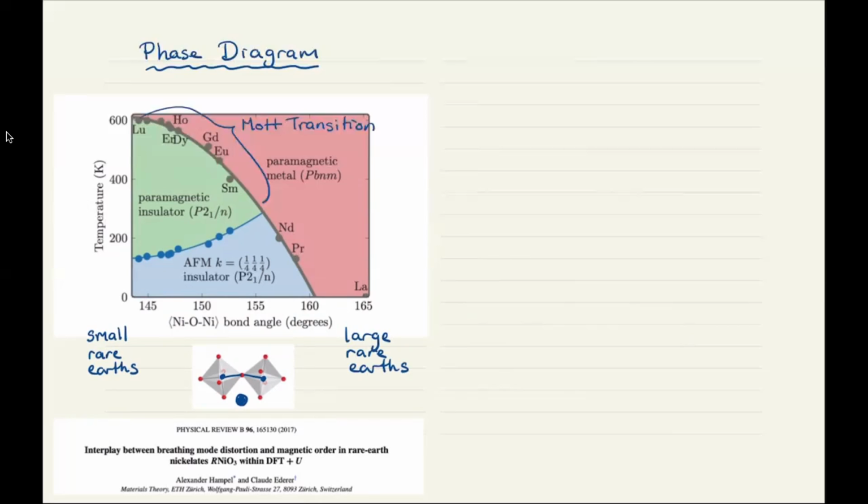Okay, so let's think about the trends that occur in the nickelates as we go across the series to smaller rare earths. As the rare earth gets smaller, the nickel-oxygen-nickel bond angle deviates more from 180 degrees and becomes more bent.